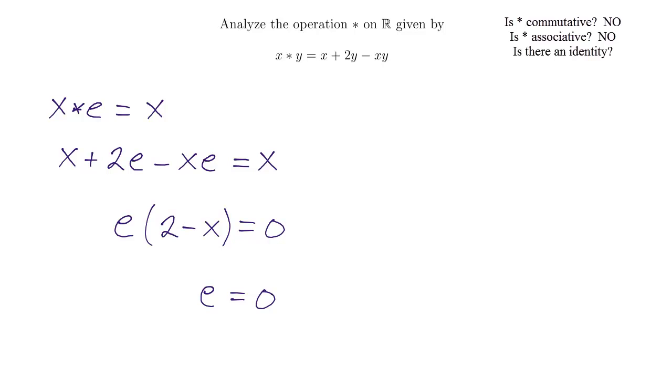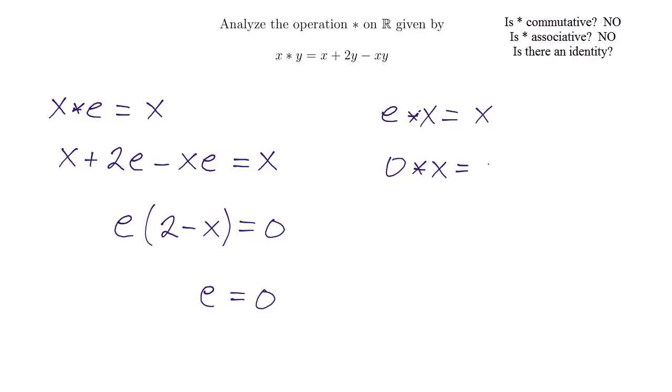Because this operation is not commutative, we also need to check, is e star x equal to x? If there is an identity element, e, it is 0. So we would have to have 0 star x equal to x.